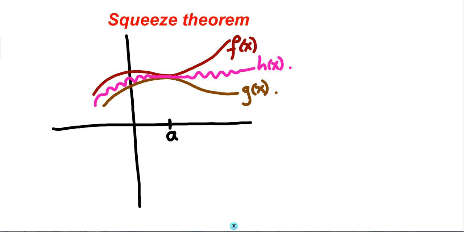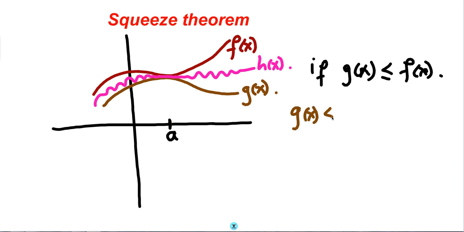Right? So that's the squeeze theorem. It says that if you have two functions, g of x less than or equal to f of x, and you have a third function, h of x, in between them. So, in other words, g of x is less than or equal to h of x, and less than or equal to f of x near a.